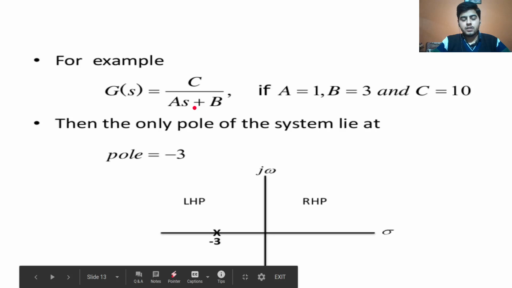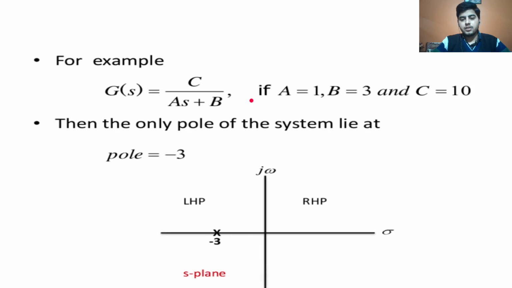Let's understand this with an example. Let's say our transfer function G(s) is given by this expression, and the values a, b, c are also given. Then, as I said earlier, in order to find poles, we have to equate this denominator to 0, and after doing so, we will find that the value of s will be -3, so the pole is -3.